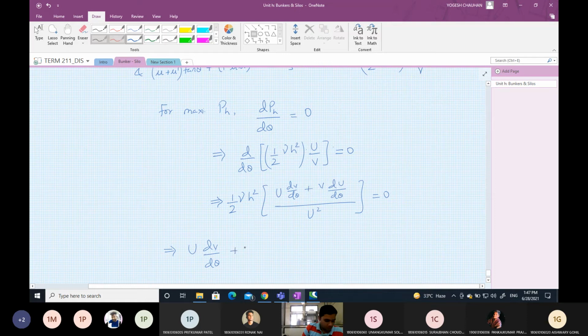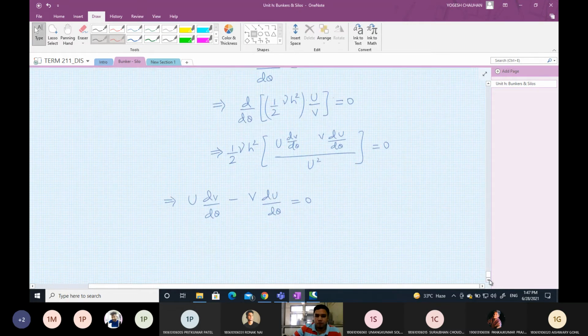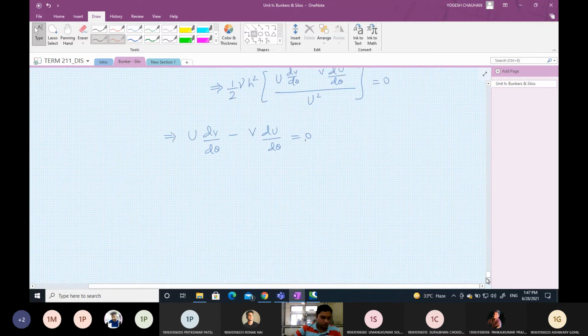So you will have u dv/dθ, this is minus, minus v du/dθ equal to 0. So this implies u dv/dθ equals v du/dθ.